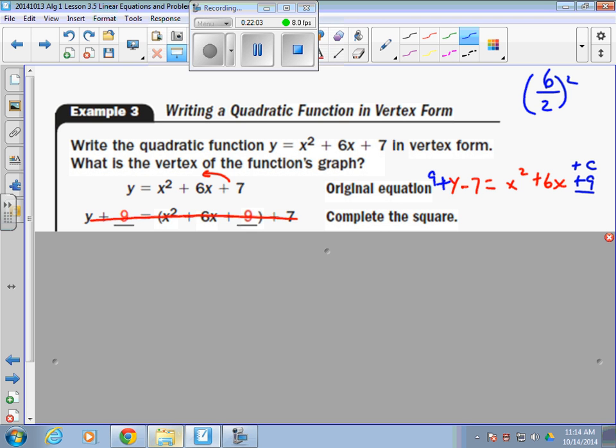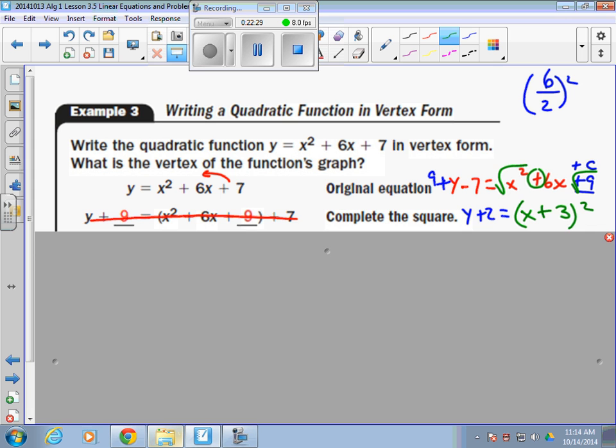So now you have 9 and minus 7 you can combine on the left, and you get y plus 2 equals, that's a perfect trinomial on the right, because you could take the square root of the first one and get x. You could take the square root of the third one and get 3. You know the sign in front of b is going to be plus between them, and it's going to be squared. It's almost in vertex form.